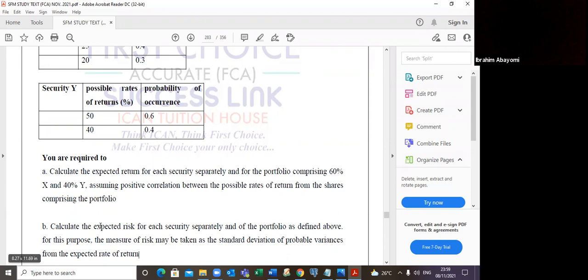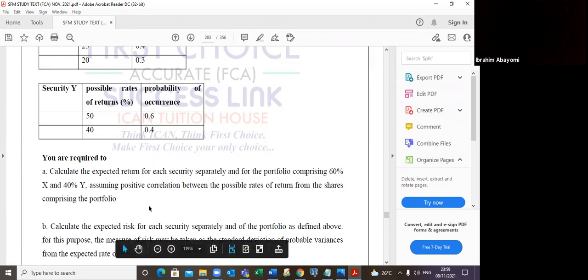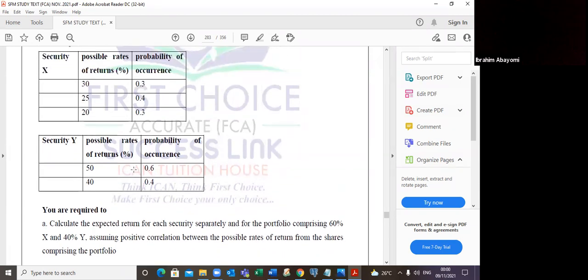Okay. So how do we do this? The first thing the question wants us to do is compute the expected return of security Y separately, and the expected return of security X separately. Can you quickly do that for me now?